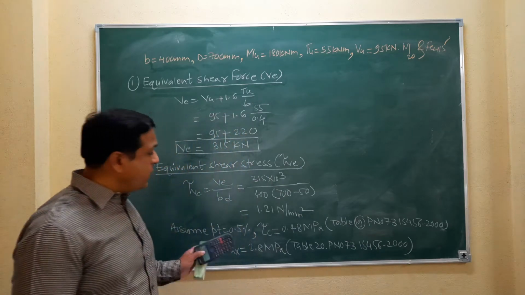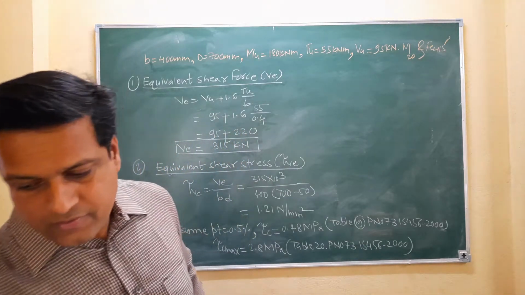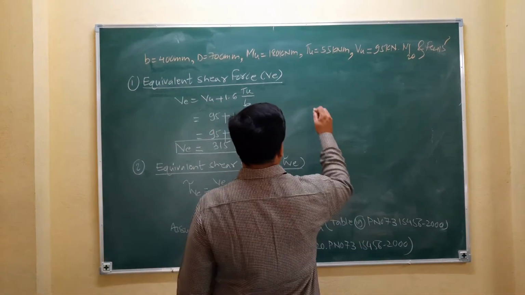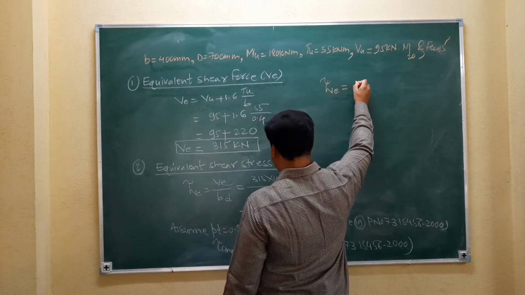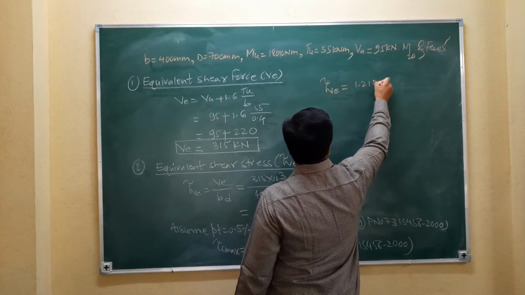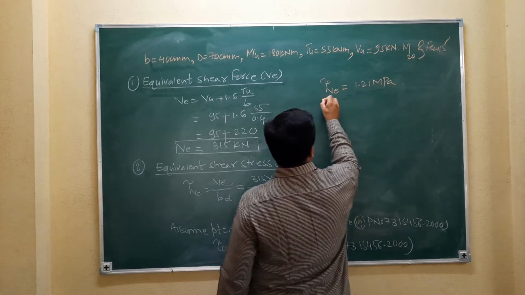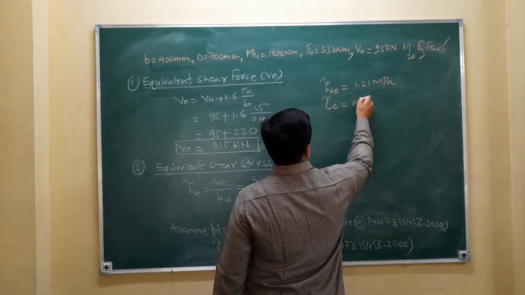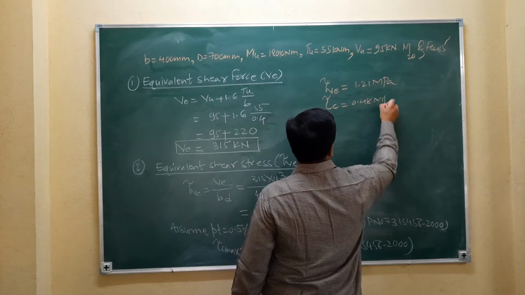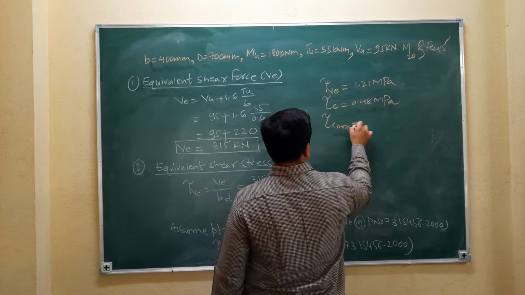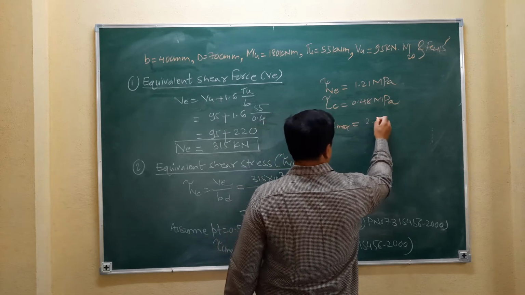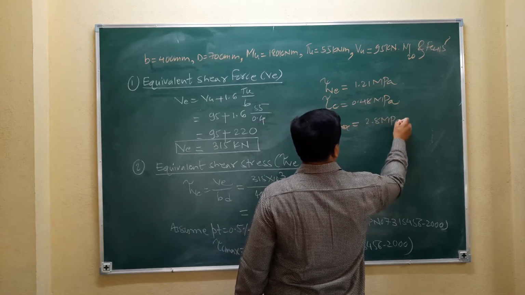So now we have the three stresses. One is tau Ve, which is 1.21 megapascal. Next is tau c, it is 0.48 megapascal. Next is tau c max, which is 2.8 megapascal.